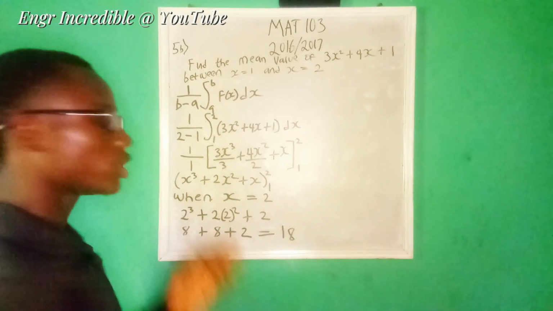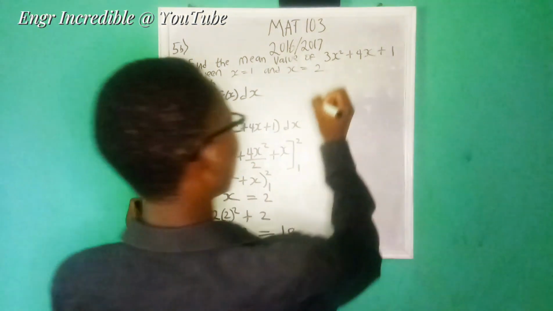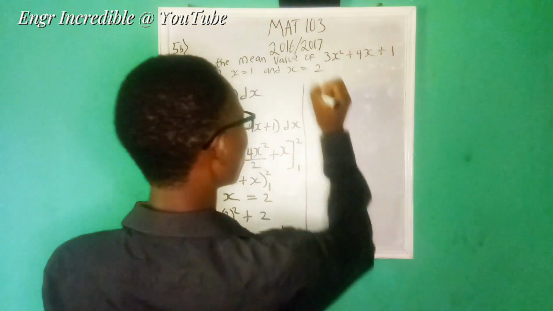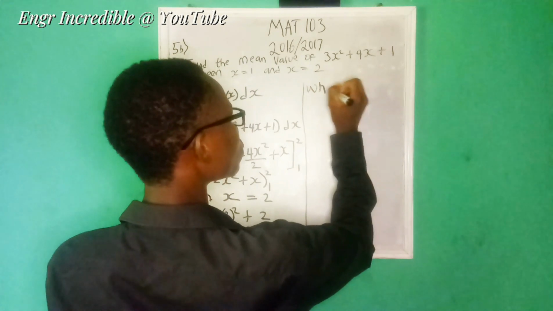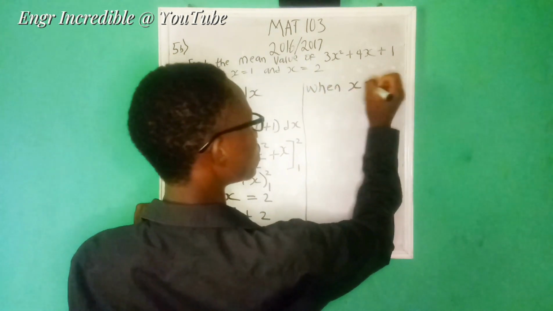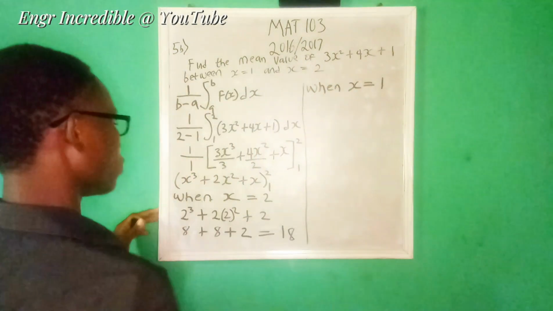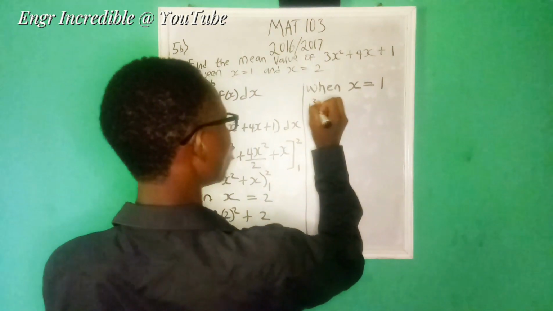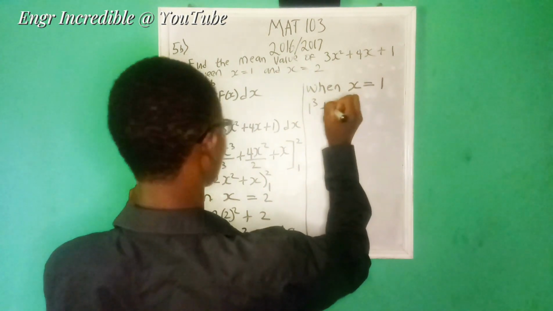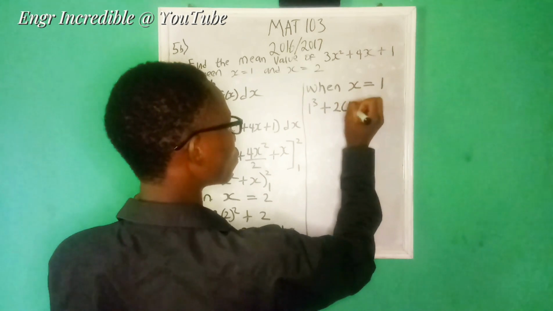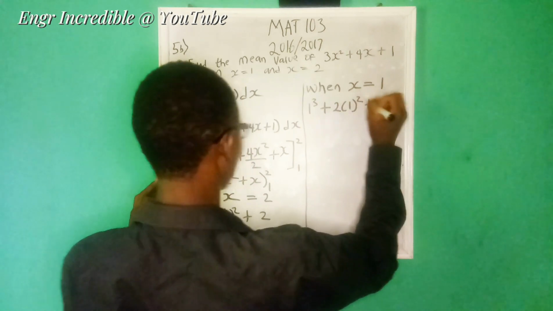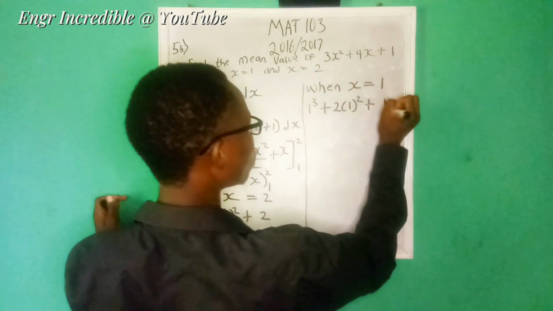Then we find the value when x is equal to 1. We are going to have 1 cubed plus 2 times 1 squared plus 1.